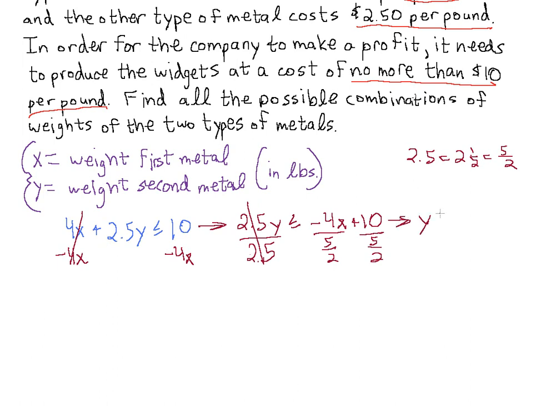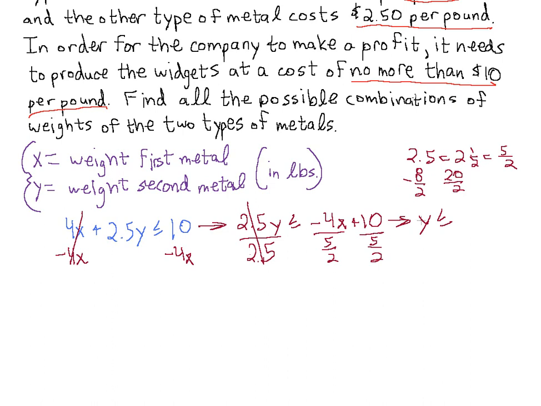So we have y is less than or equal to, let's convert minus 4 into minus 8 over 2. And we can convert plus 10 into 20 over 2. So 10 is the same thing as 20 over 2.